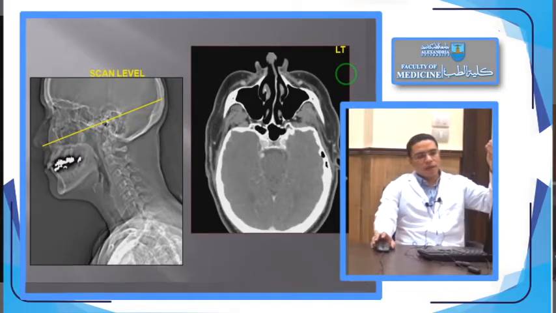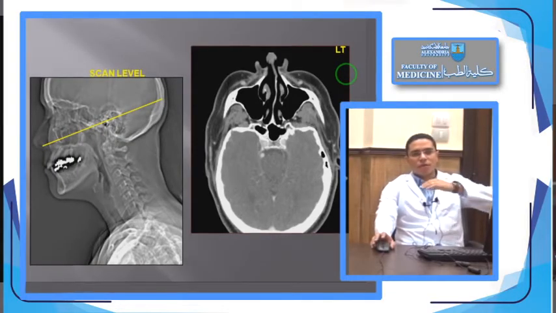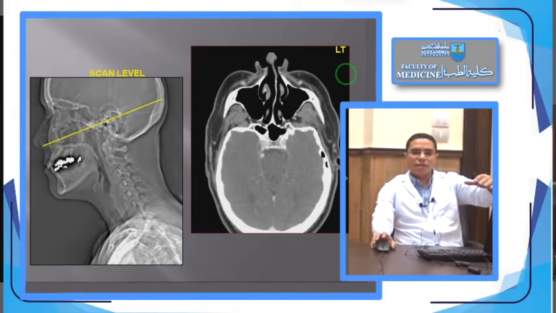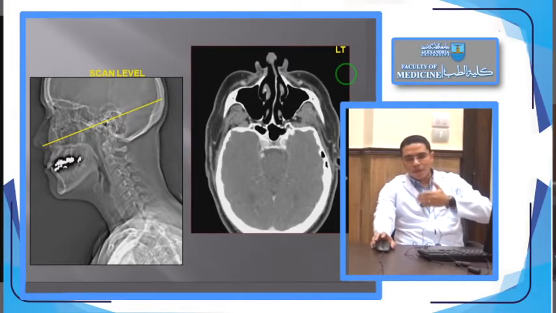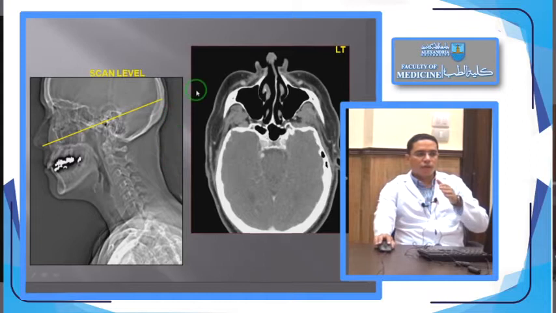You took the cut section and you are looking from downward, from his legs. The patient is lying down on the table of the CT scan and you are looking from his legs. So by default, this will be his right side, this will be his left side, this is anterior and this is posterior.